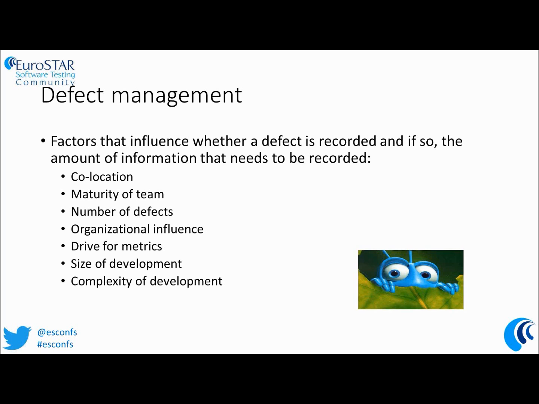And until that changes, you must fit your agility within the organization and say, well, then this is one of the points we just have to do. And the complexity and size of development is also important. In very complex projects, defect management is more important because it helps you find the root cause of some defects.